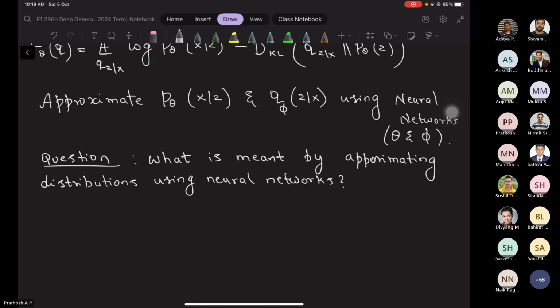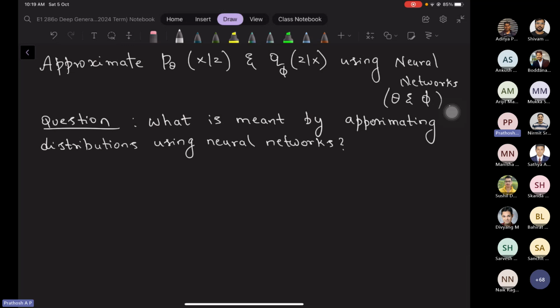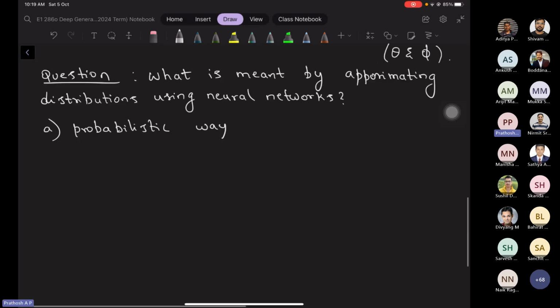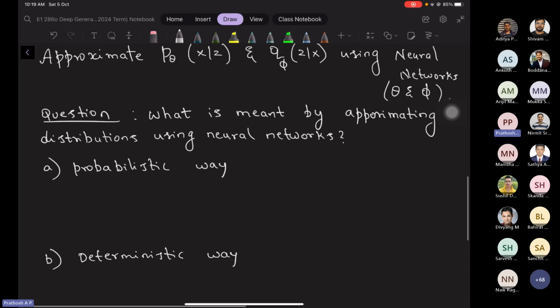It's very important. There are two ways here. One way is the probabilistic way, and there is a deterministic way. Now, what do you mean by a probabilistic way?